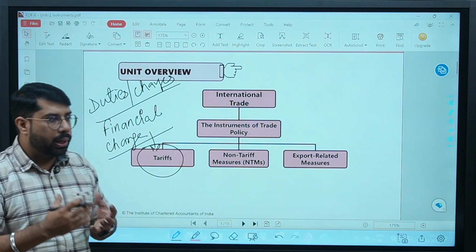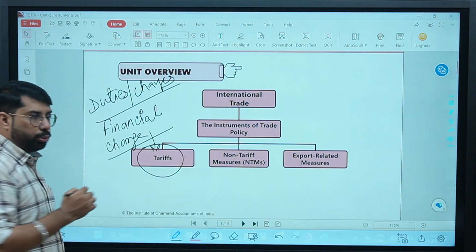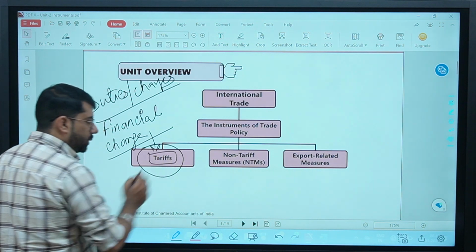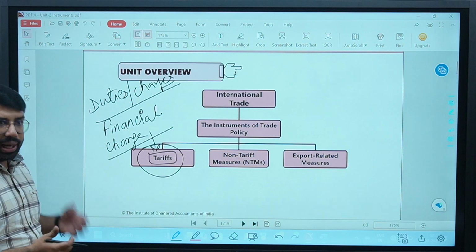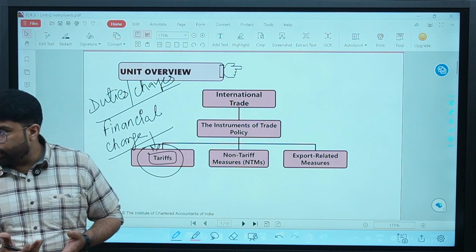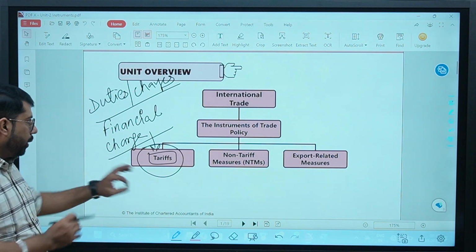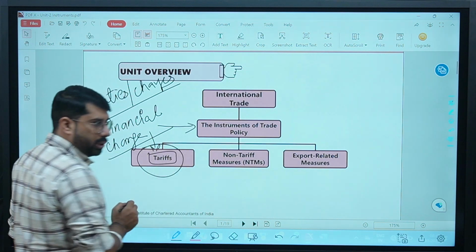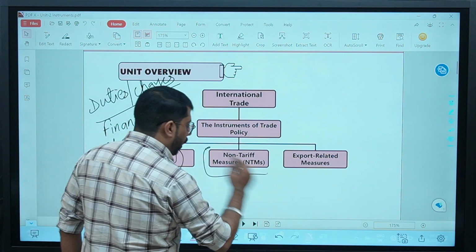So, to regulate international trade, the very first instrument we'll study is tariff. That is the charges we impose, right? I will tell you how these charges will affect international trade. But the very first thing is we are going to talk about the financial charge as the instrument of trade policy.